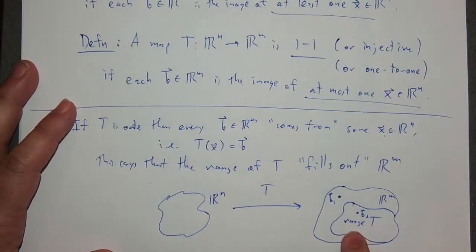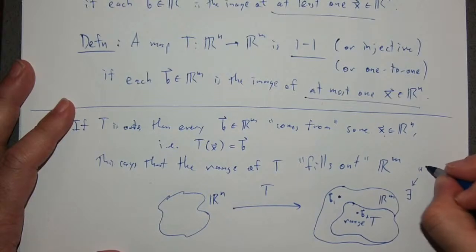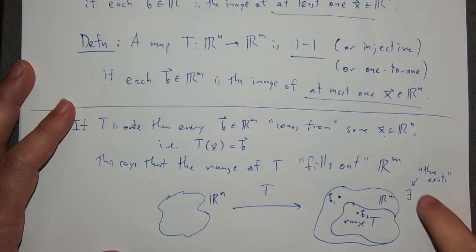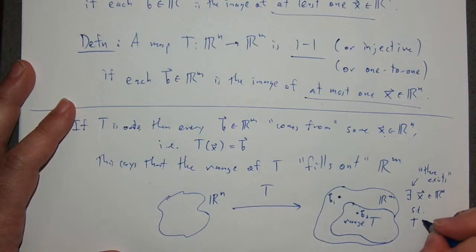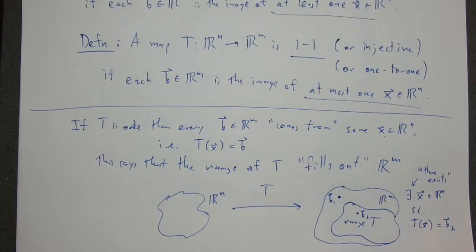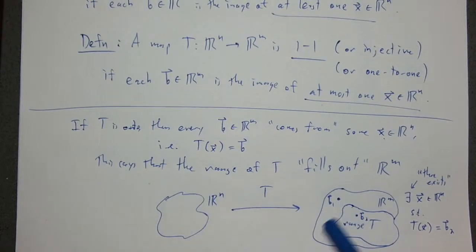If b sub 2 lies in the range of T, that means there exists, so this symbol means there exists, x in R^n such that T of x is equal to b sub 2. That's what it means to be in the range. If something is in the codomain that's not in the range, that means there is no x such that T of x is equal to this b sub 1.